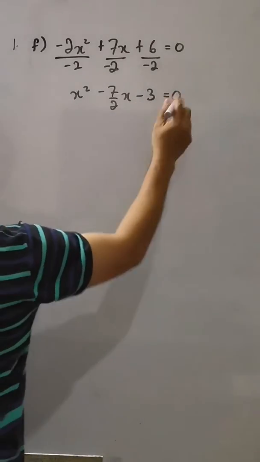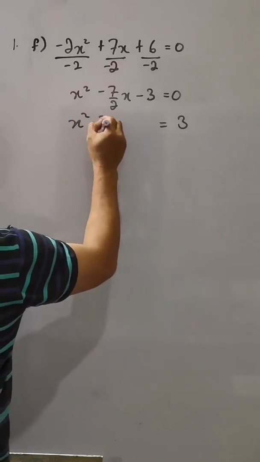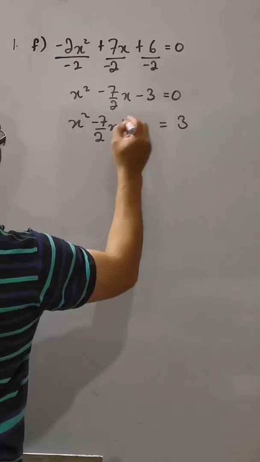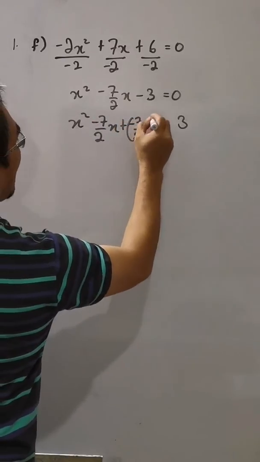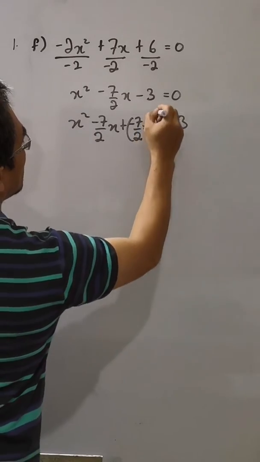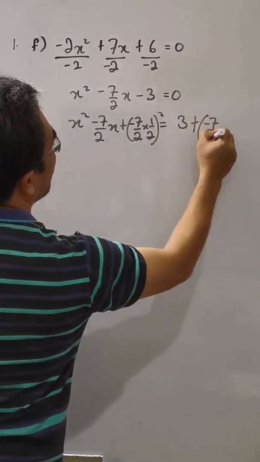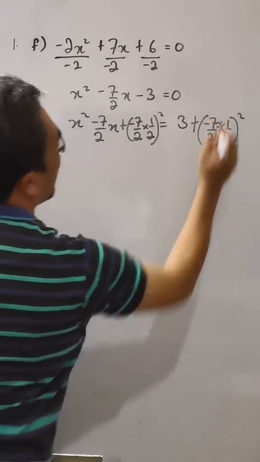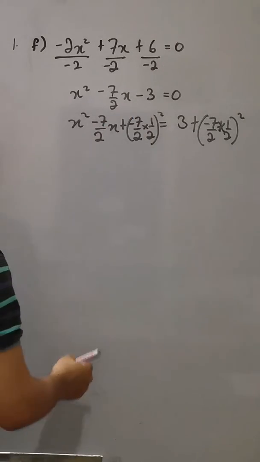So bring the c, it becomes 3 here. So x squared minus 7 over 2x plus the value of b, which is negative 7 over 2 times 1 over 2 squared. This part also negative 7 over 2 times 1 over 2 squared. So this one becomes 7 over 4.